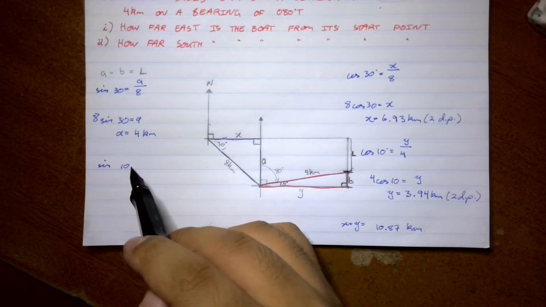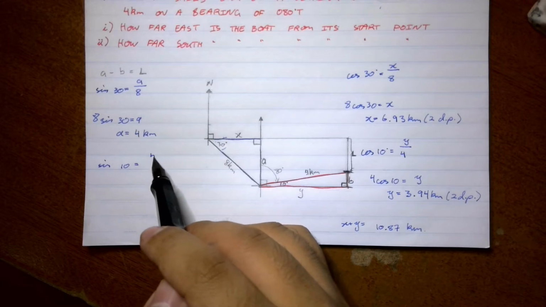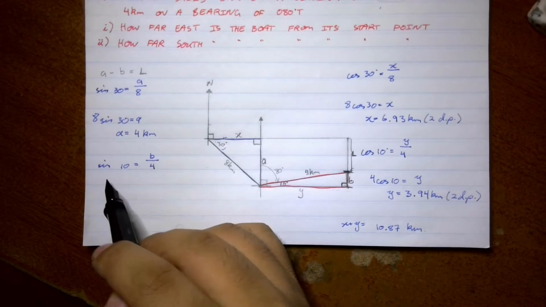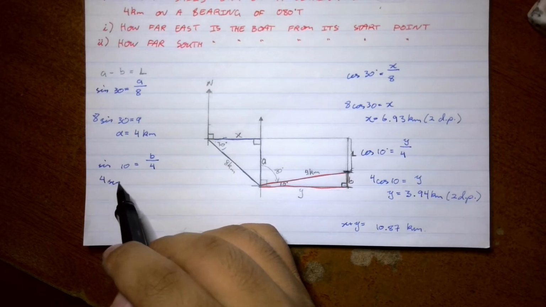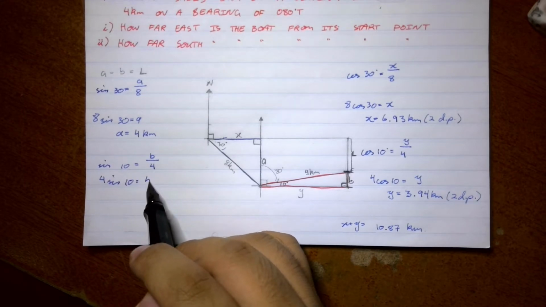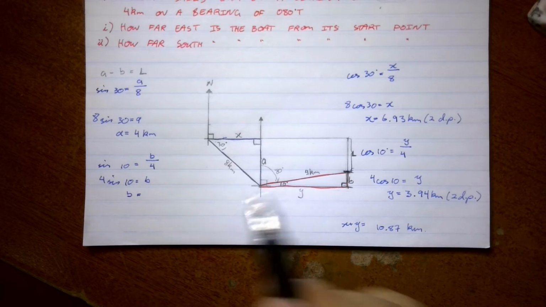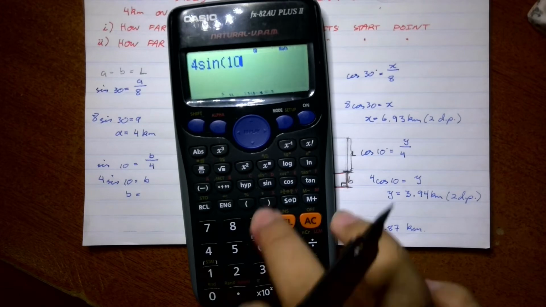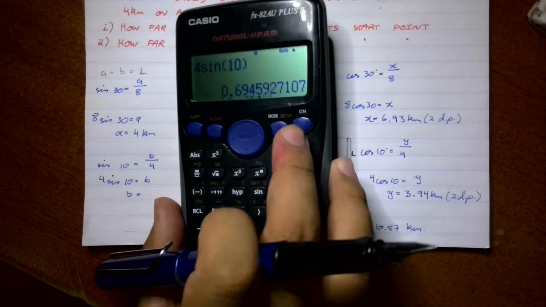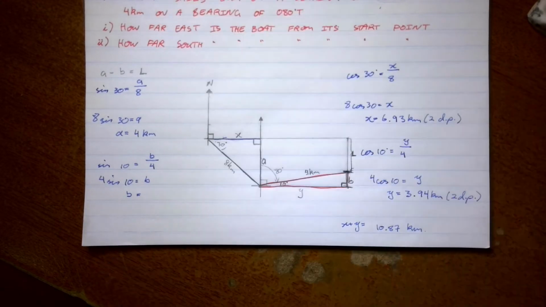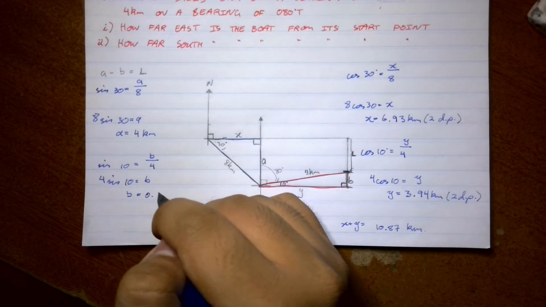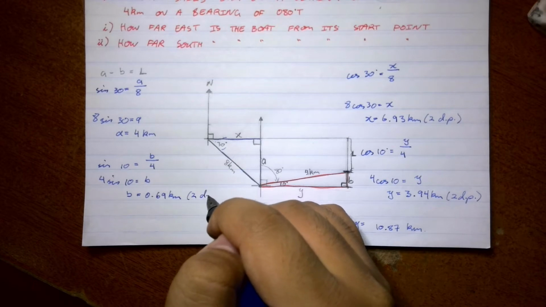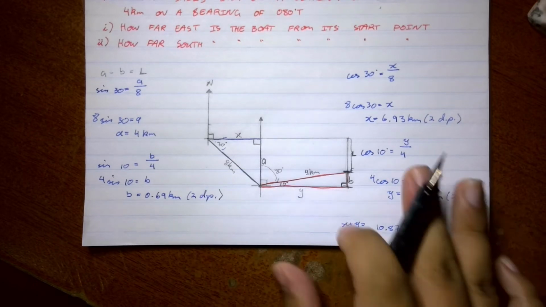Sine 10 degrees is equal to B over 4. So B is 4 sine 10. Inputting this into our calculator, we get 0.69 kilometers, at 2 decimal places.